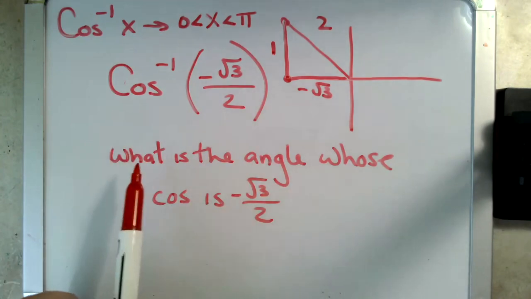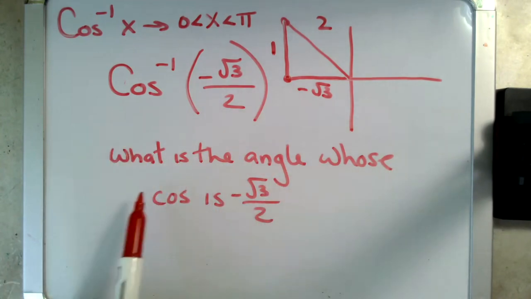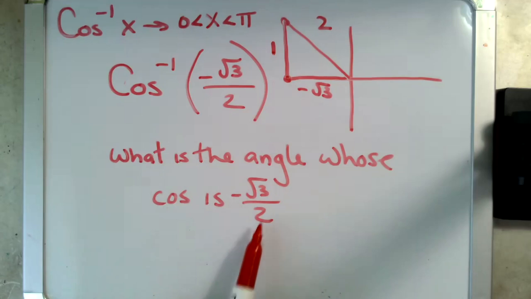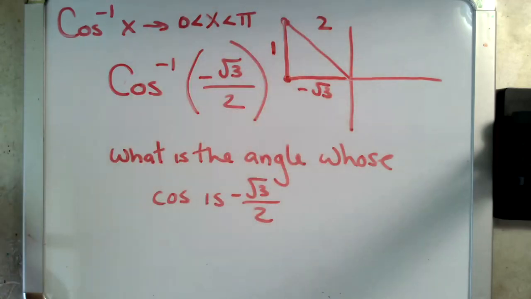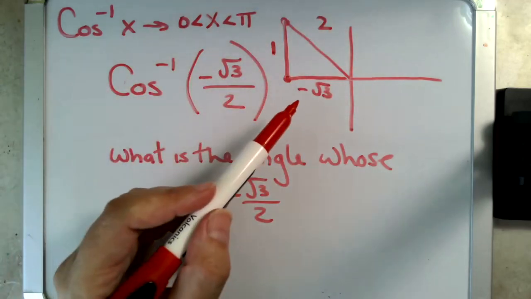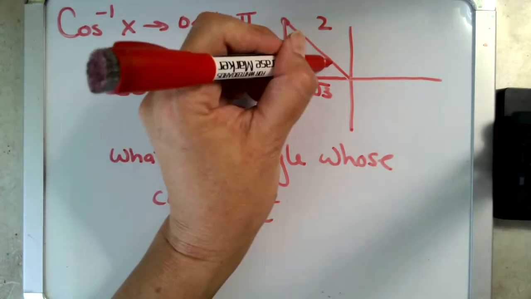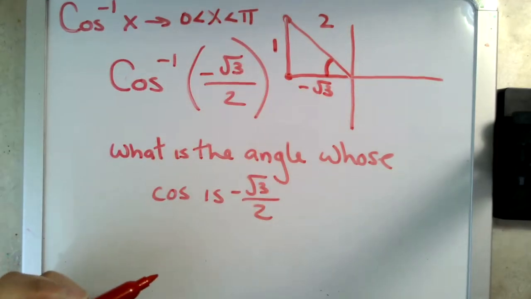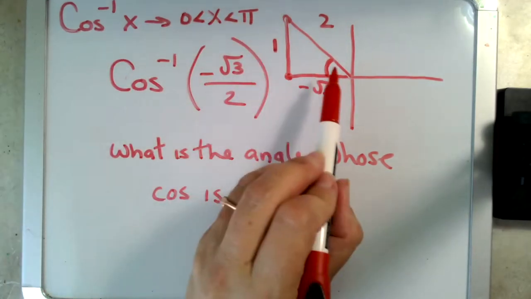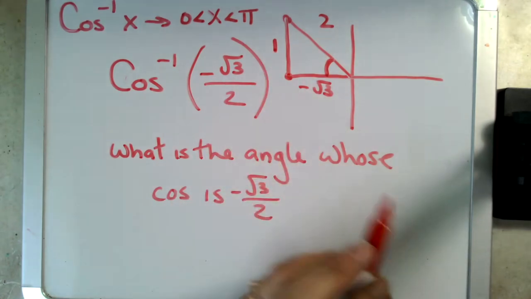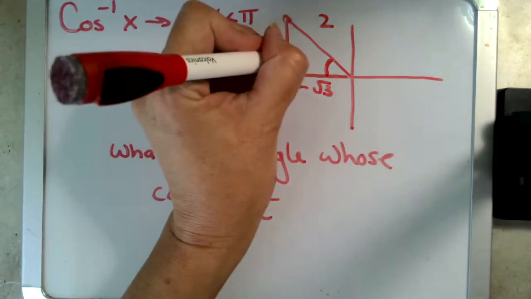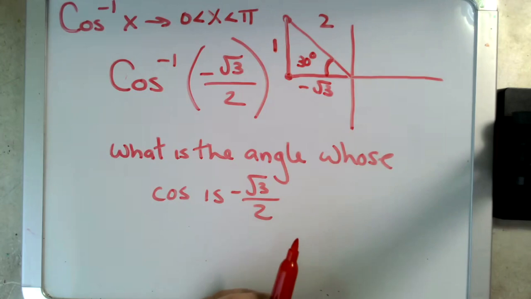So now if I want to know what is the angle whose cosine is -√3/2, well, I can take a look at my picture here. So I can see that this reference angle here, this is opposite the 1. This is a reference angle of 30 degrees.